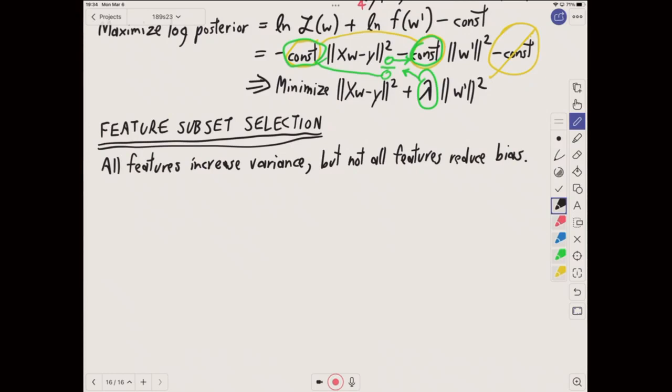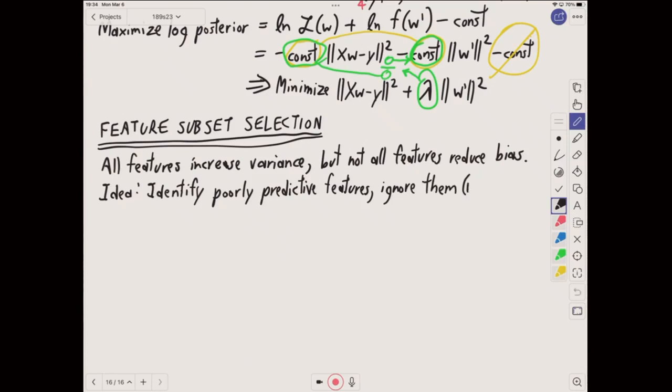So you want to keep the features that will help you reduce the bias, but throw away the ones that won't. So the idea of subset selection is we're going to try to figure out a way to identify which ones we can throw away. And by throw them away, one way to operationalize that is to set their weights to 0.